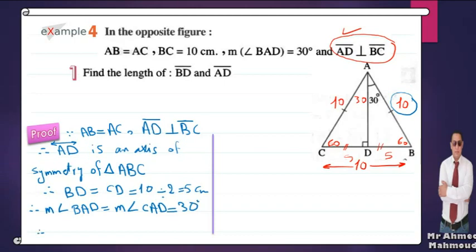Therefore, measure of angle BAC equals 30 times 2 equals 60 degrees. Therefore, triangle ABC is an equilateral triangle.